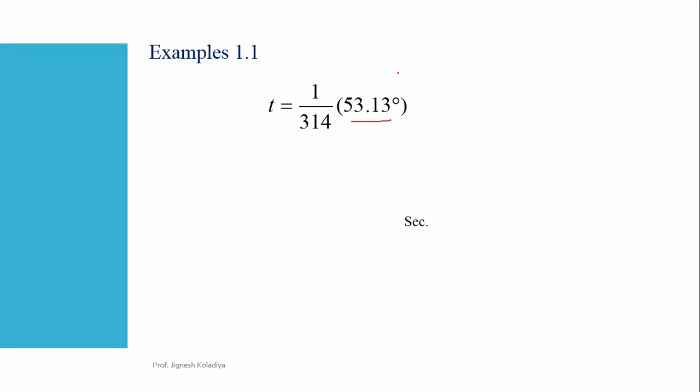So first of all, you have to convert this degree into radian. Convert this 53.13 degree into the radian. So it will be 0.9268. And then if you simplify it, you will get 0.00295 second. This will be your answer.